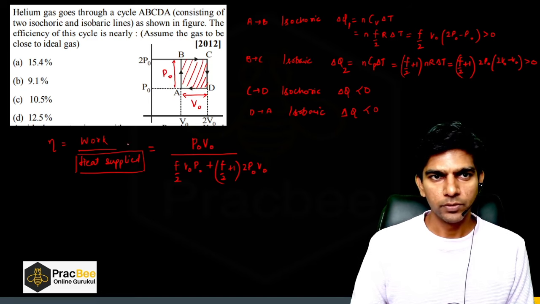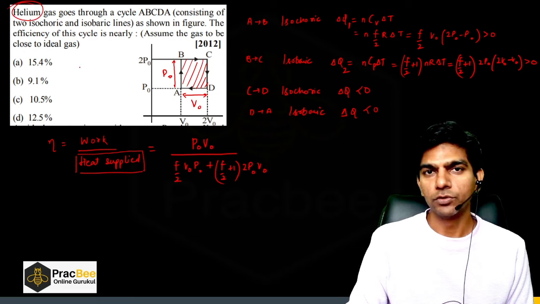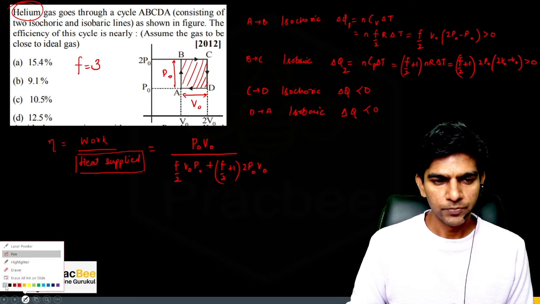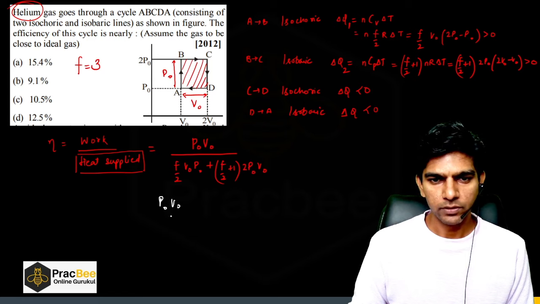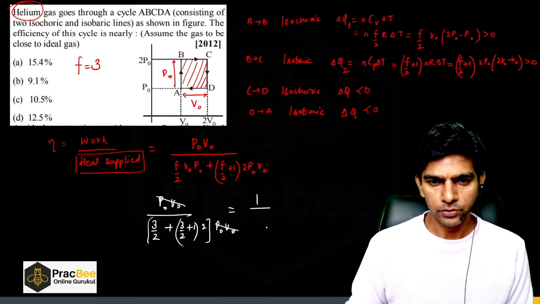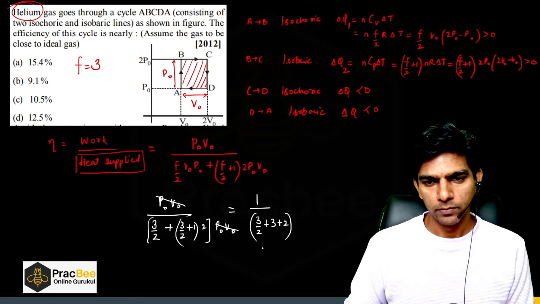And we have been given a helium gas, which is a monatomic gas. So the degrees of freedom will be 3. So let us plug in the values. So we have P0V0 divided by (3/2 + (3/2 + 1) times 2). And this P0V0 will be common, so this will get cancelled out. So it will become 1 upon (3/2 + 3 + 2), right?